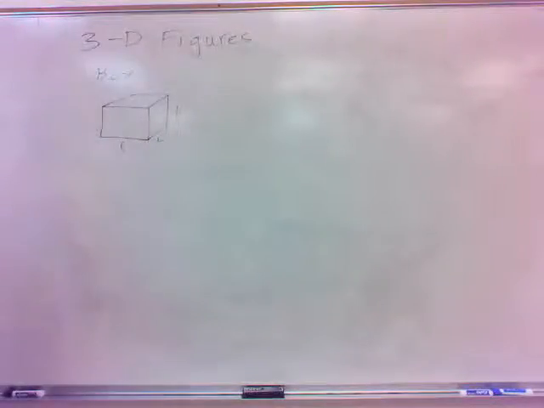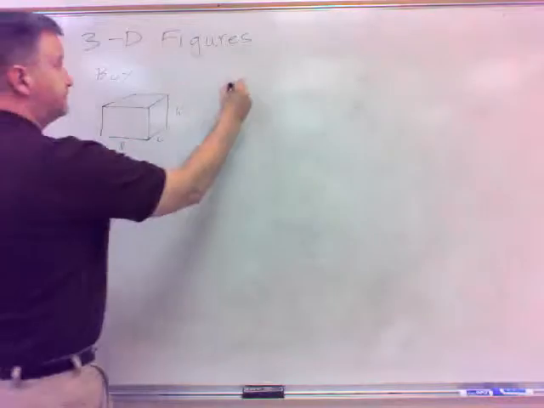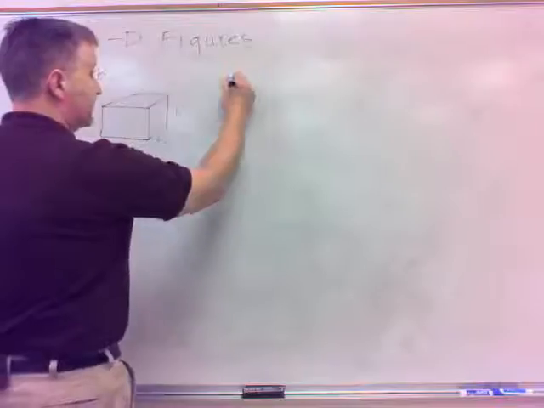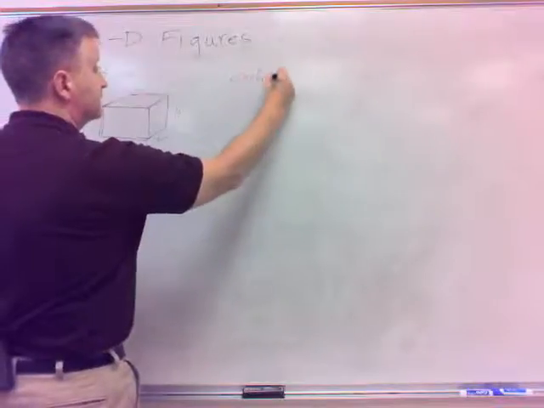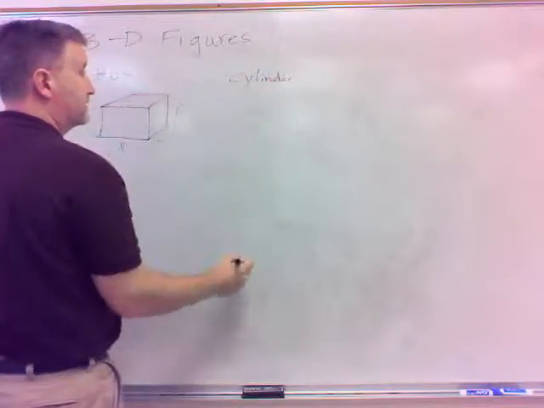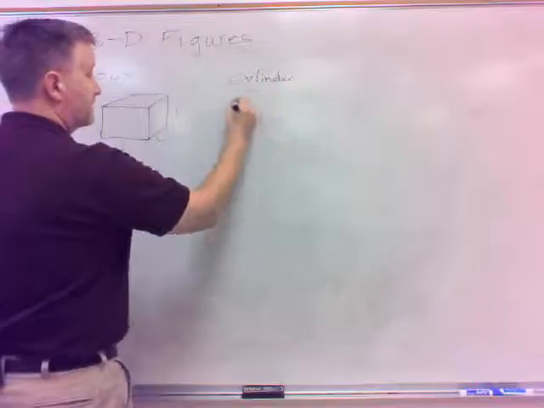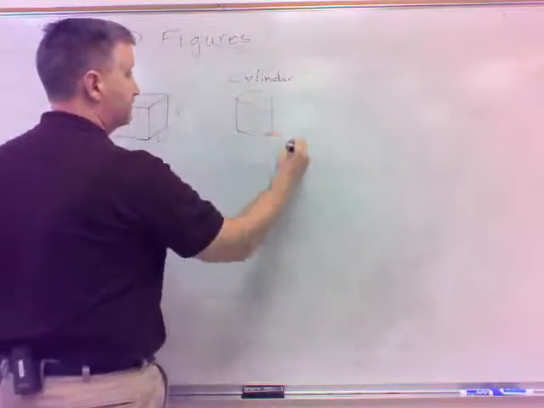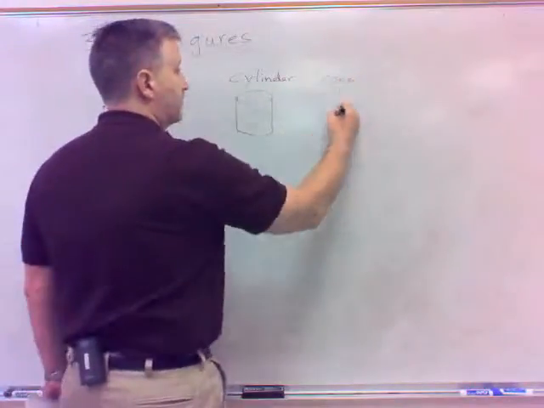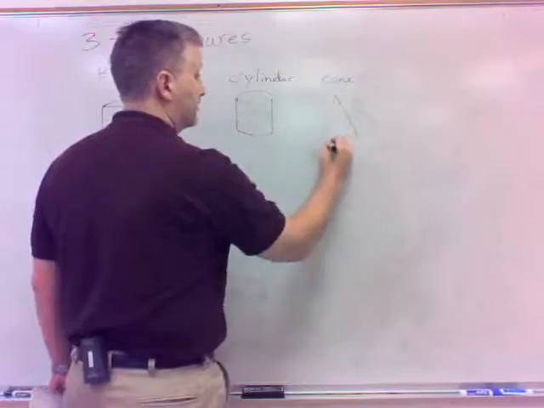I'm going to talk about some different types of three-dimensional figures. One other, maybe you're thinking about, how about a cylinder? We'll deal some with those. Can shape, cones. We'll do a cone, a little bit on it.